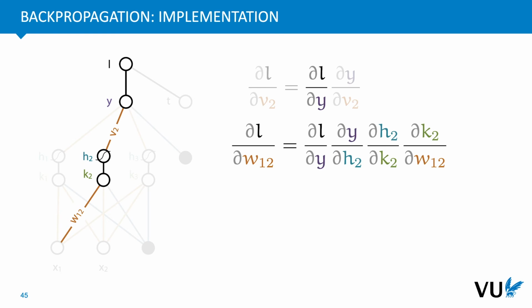So there's something to note here for when you implement backpropagation, which is that a lot of these values you are computing multiple times when you're working out the derivative for different parts of the network. In this case, we note that we have computed dL over dY for both of these gradients.